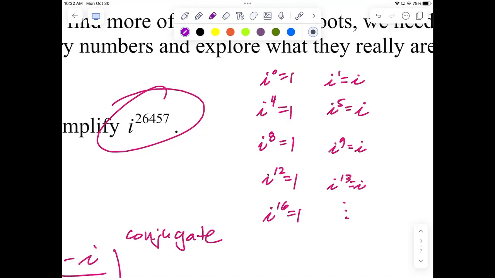What if it doesn't go in evenly? What if it has a remainder? What if the remainder is 1? If the remainder is 1, what should it be? i. What if the remainder is 2? It should be what? -1. And what if the remainder is 3? It should be -i. And what if the remainder is 4? Then you did the division wrong, right? Because you're dividing by 4. That was a trick question.